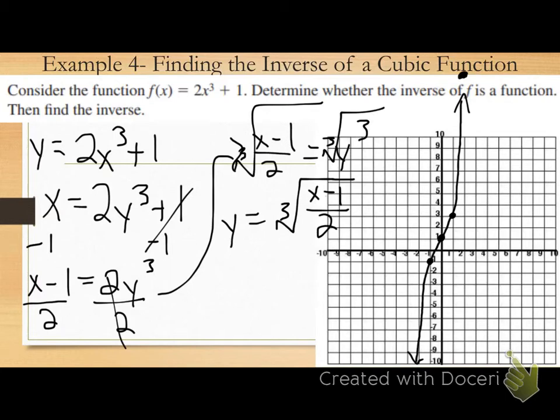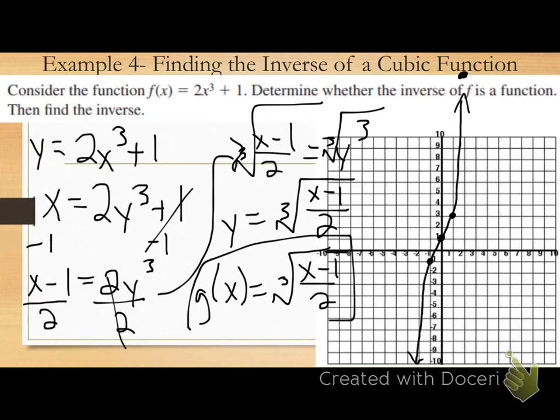For today's purposes, I'm okay if you leave it like this, because I just want you to be able to do the work to find the inverse for right now. Just know that this is not in simplest form. Has everyone got that?